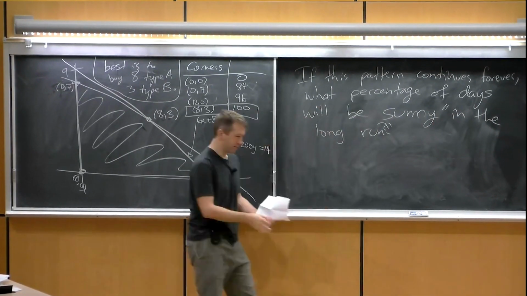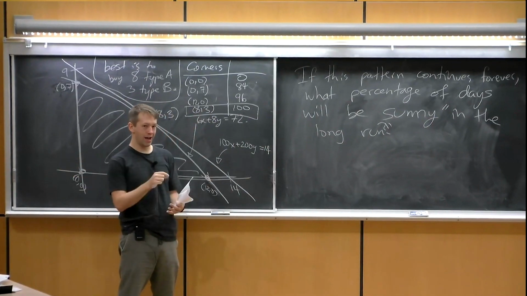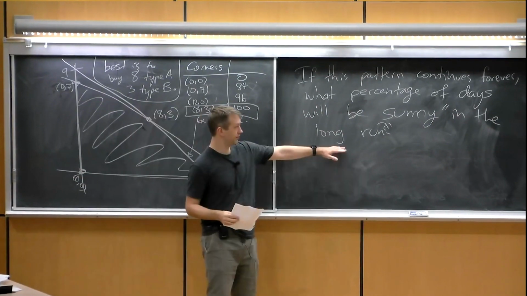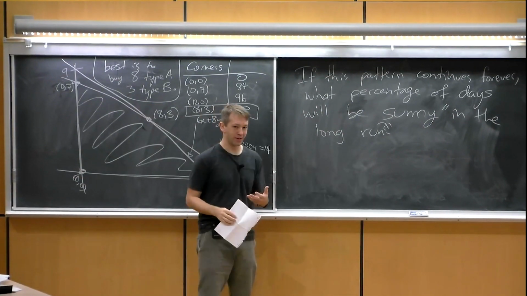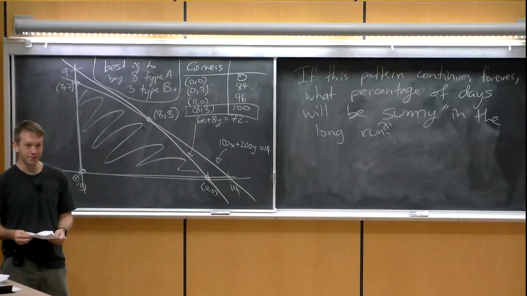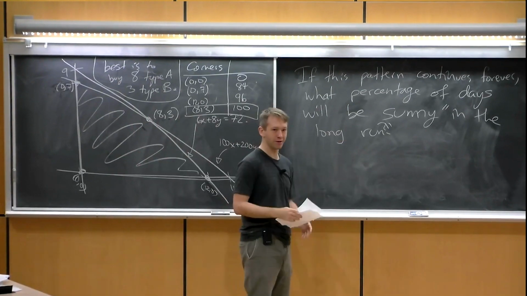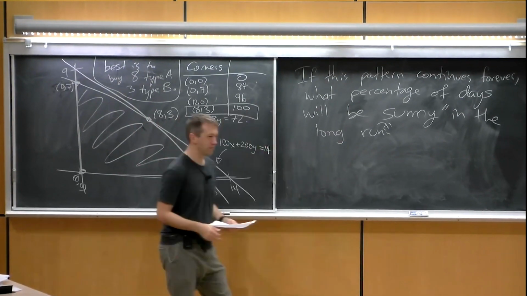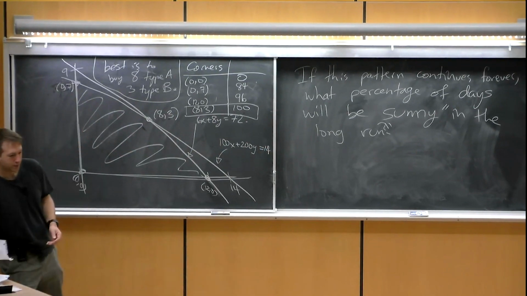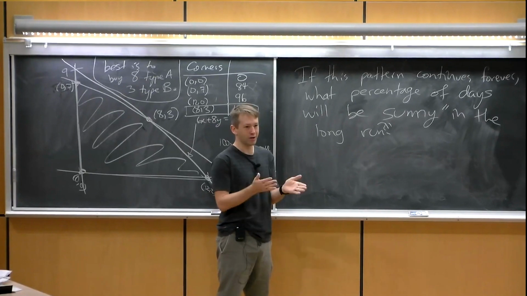That means if we let time run to infinity and I count the number of sunny days as a proportion, what percentage will be sunny? It's not obvious from this. It's not going to be a nice number like 60% or 50% or 40%. It's some kind of wacky number, but if you study this as a Markov chain, then you can figure out the answer. So that's what we're going to be doing.